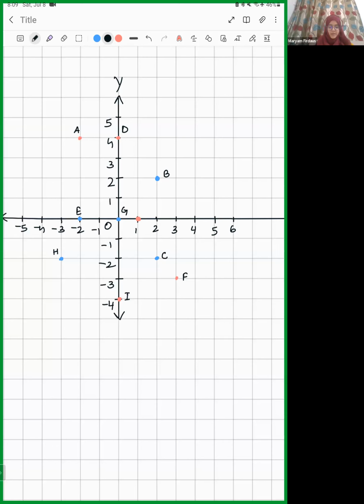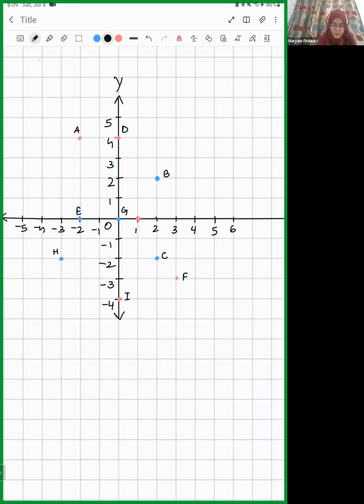Abdul Rahman, what is A? First, what do we have to do? We have to move from 0 to reach A. We have to start from 0, the origin. Then you have to go in the X direction. How many units? You have to go in the negative X direction, 2 units.